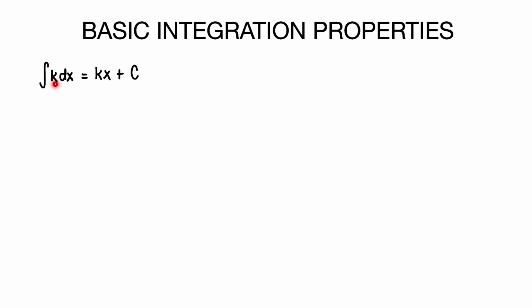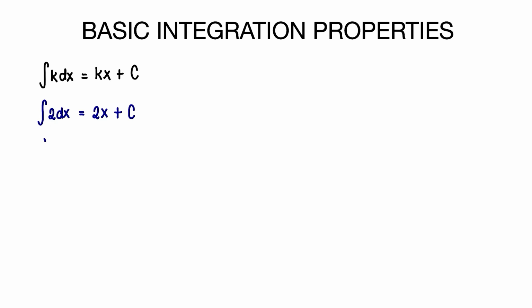Whatever this constant is, all you need to do is copy that, attach the variable of integration, and then add the arbitrary constant of integration. For example, if we are finding the integral of 2 dx, then our integral is: copy the constant 2, attach the variable of integration, plus c.